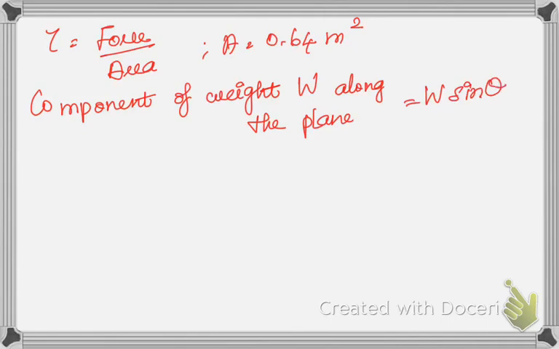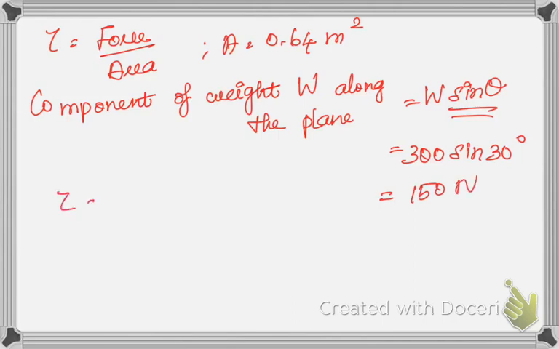Why we are using sin theta is, you might have learnt in your engineering mechanics, if a component is inclined, we have to subdivide it into horizontal component and vertical component. Here the vertical component will be sin theta and the horizontal component will be cos theta. Since here the weight is acting in the downward direction, that is in a vertical direction, we are using sin theta. The weight of the plate is given here, so it is 300 into sin 30 degree, which is 150 Newton.